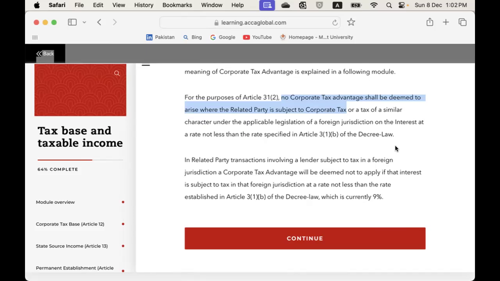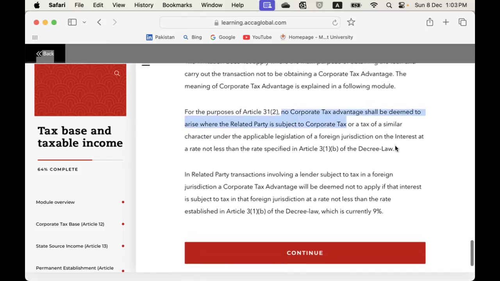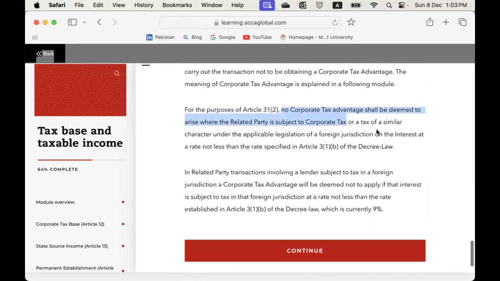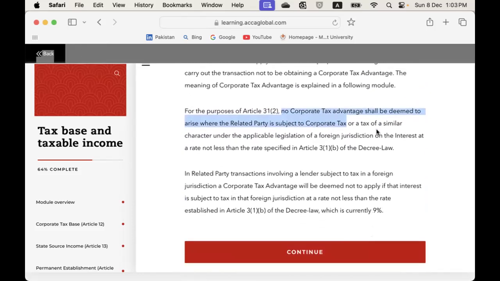Yeah, so the idea is that, particularly if it is related parties, because this Article 31 deals with the related parties, right? So under this article, one party is giving the loan, other party is receiving the loan. The party that is giving the loan will earn interest income.